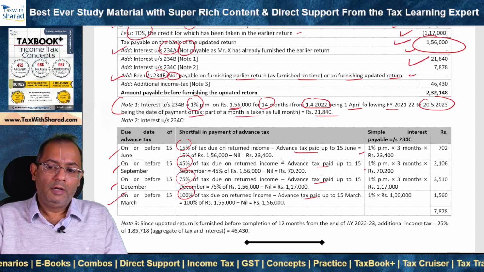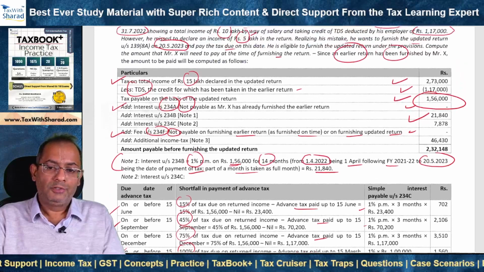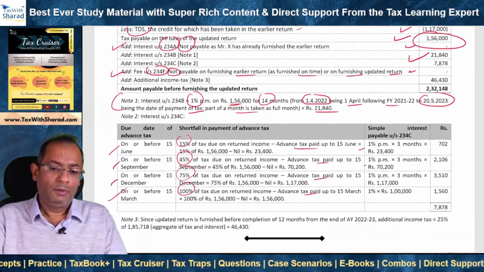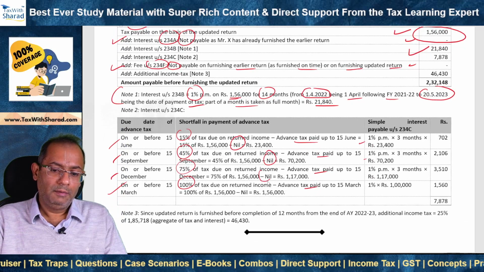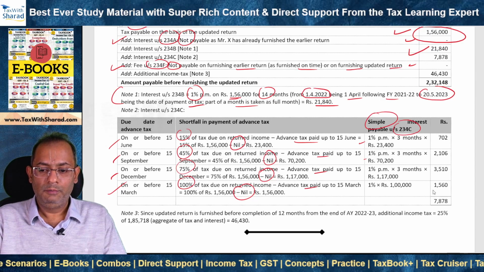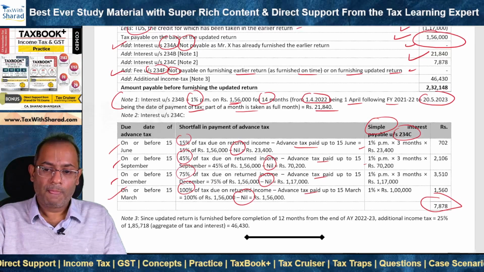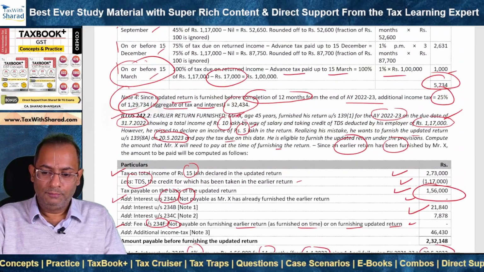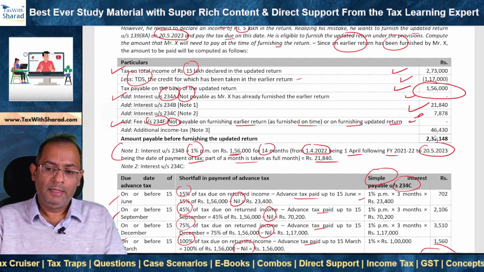Okay, in this case no advance tax has been paid because it is only the TDS credit that was taken, and actually the assessee did not pay any advance tax in this illustration. So in all these cases, nothing will be deducted. Minus nil, minus nil, minus nil, minus nil, and accordingly simple interest under 234C will be computed, which will aggregate to 7878. So interest under section 234C is 7878.